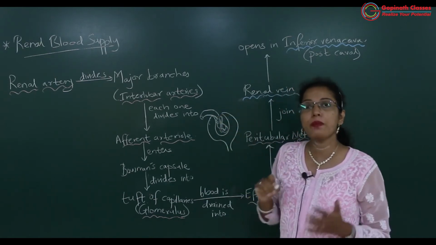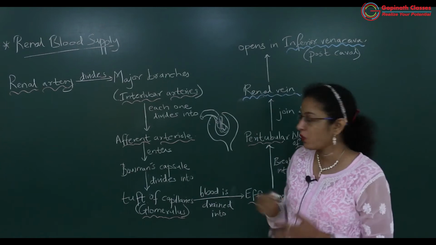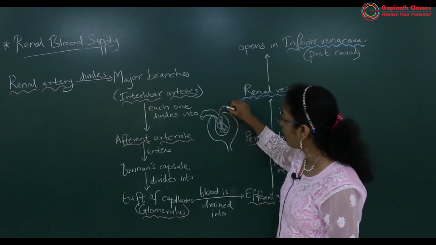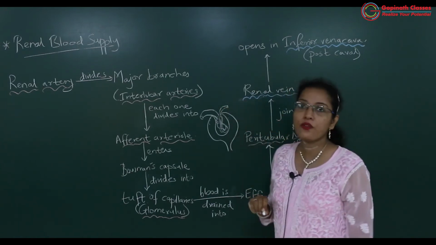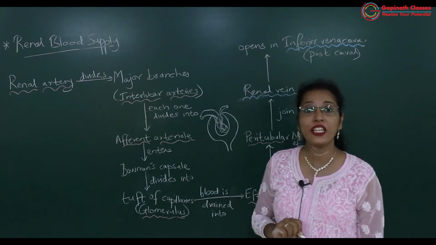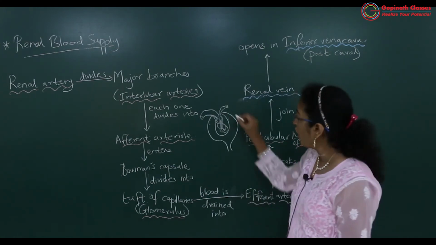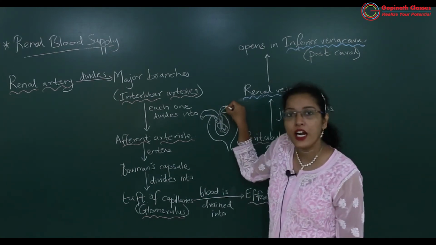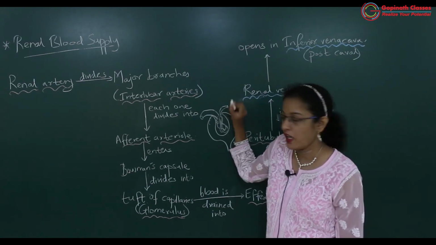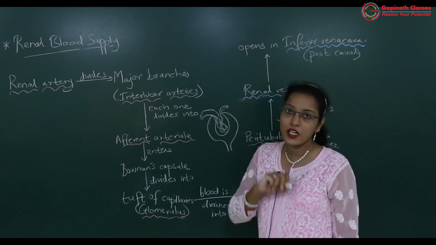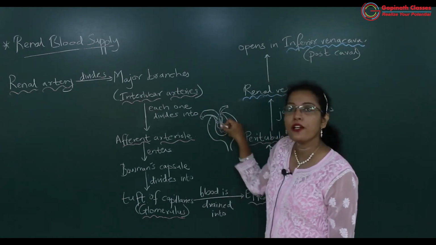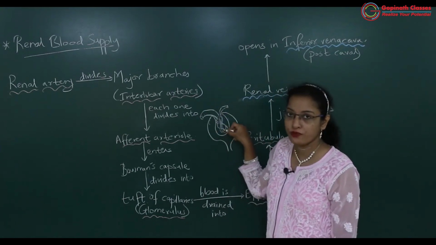These blood capillaries reunite, and likewise there will be formation of the efferent arteriole. Now look at this: the efferent arteriole's diameter is smaller, and the afferent arteriole's diameter is larger, so pressure will be generated because of this.